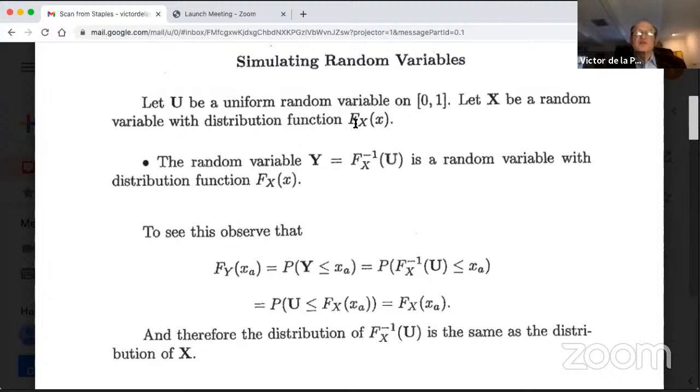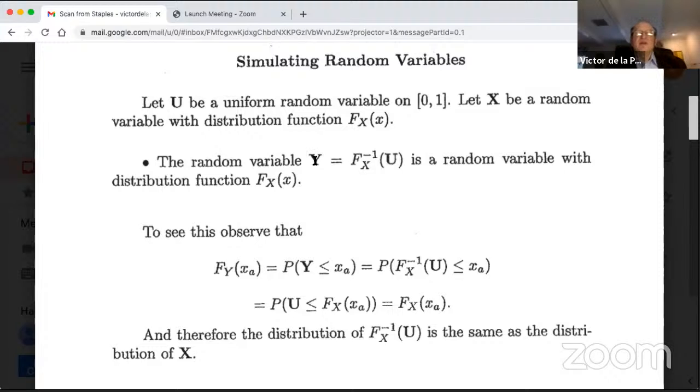Well, all we need to do is take the inverse function. This is the cumulative distribution function for a random variable x. We take the inverse function at u, which is the uniform random variable, and call that y. That is the variable that we are generating. So we have a lot of values for the uniform, and we plug that into the inverse of F x, and that gives us a variable y.